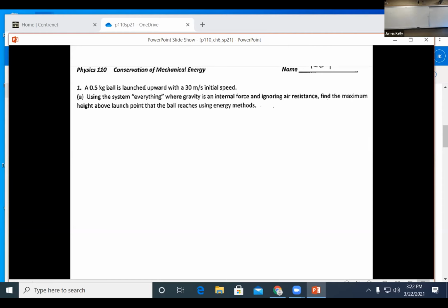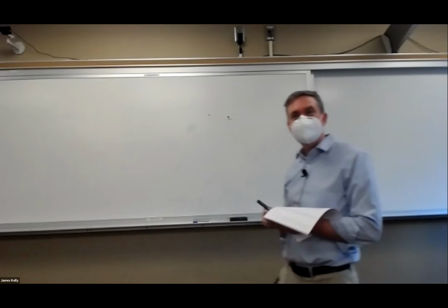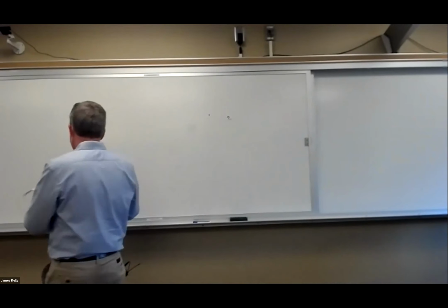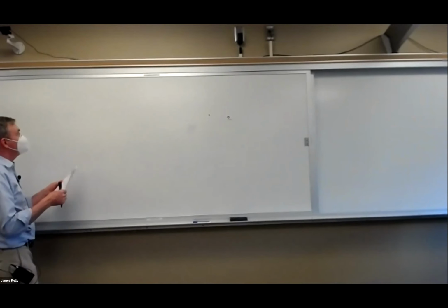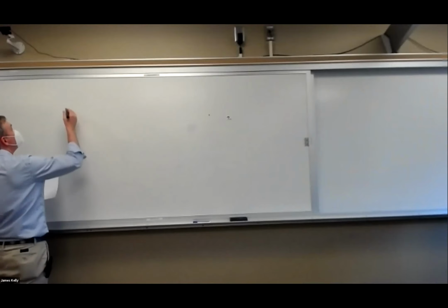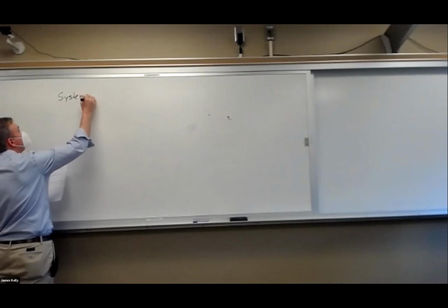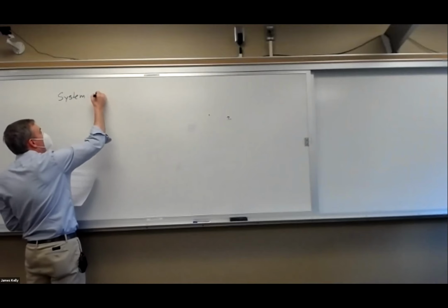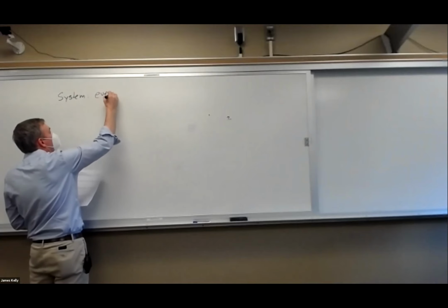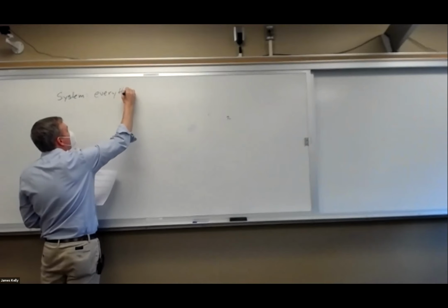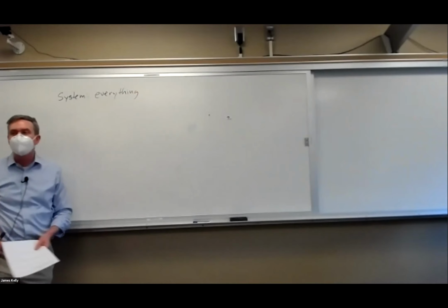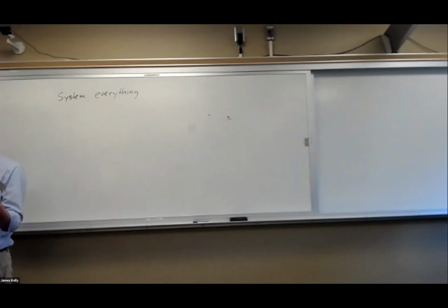So let me show the board here. And just like I always want you to draw a free body diagram and axes on it when you use Fnet equals ma, when you're using energy methods, I always want you to define what your system is. Now, in this case, I've told you that I want your system to be everything. That sounds a little bit extreme, but what I mean is all the items of importance in this problem. What's important?